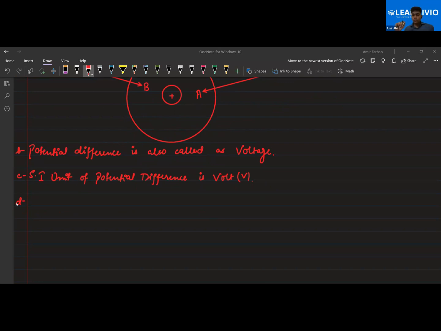Now, the potential difference is measured by the instrument called voltmeter. Okay, potential difference is measured by the instrument called voltmeter.